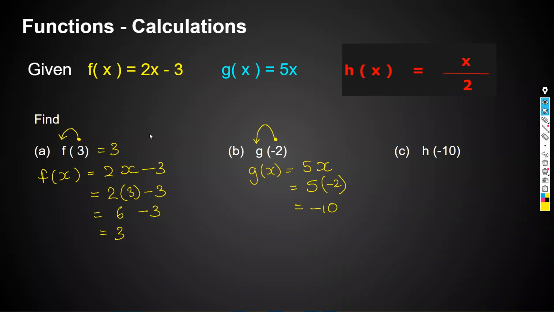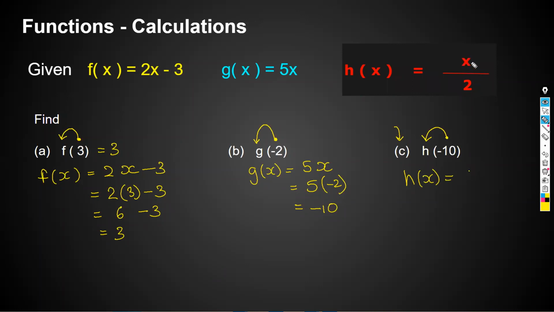Take down A and B, and do you all think you all can work out C for me? Find h(-10). Simple concept. So h(-10) just means you look inside the brackets and you see minus 10. So we're going to go to h, and whatever is in the brackets, no matter how crazy it is, we go to that function and replace the x or x's with that.